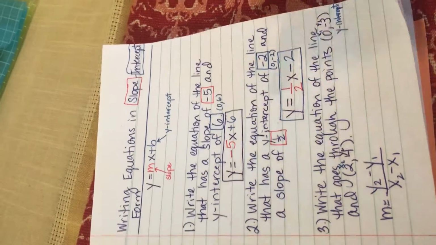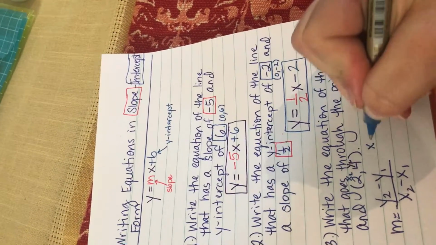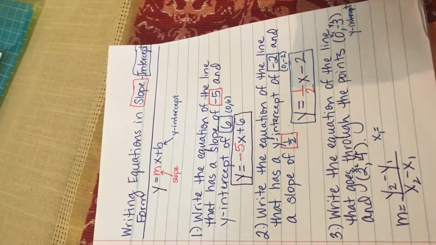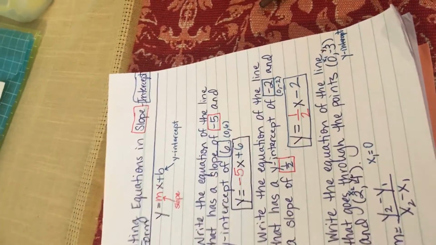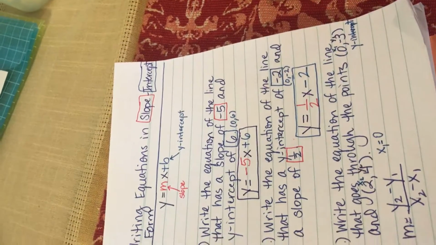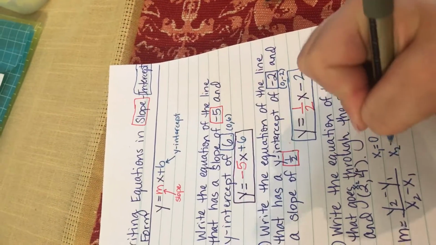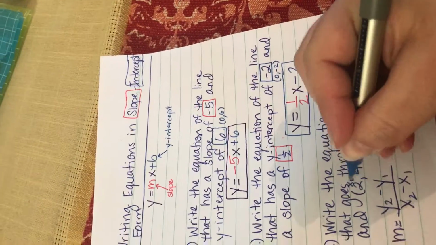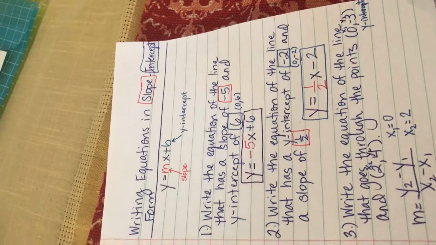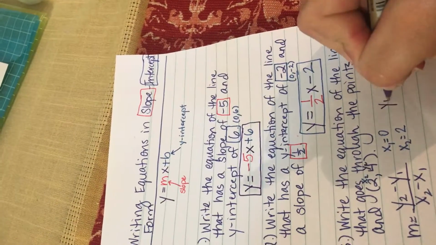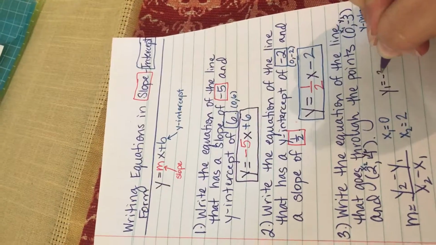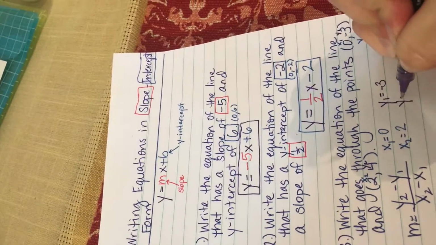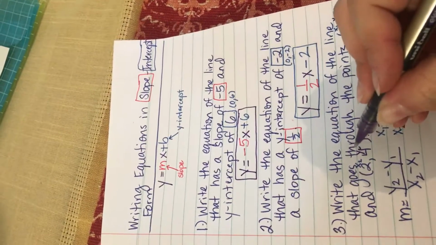Okay, so I can go ahead and write those if I want. My x1 is equal to 0 in this ordered pair. My x2 is equal to 2 in the second ordered pair. My y1 is equal to -3. And my y2 is going to be equal to 4.